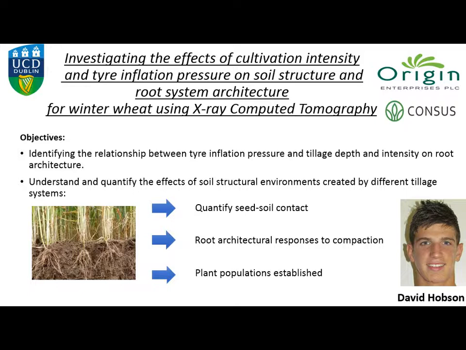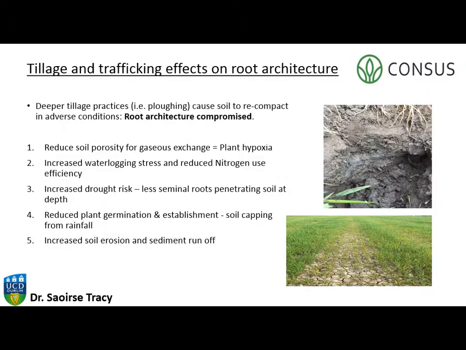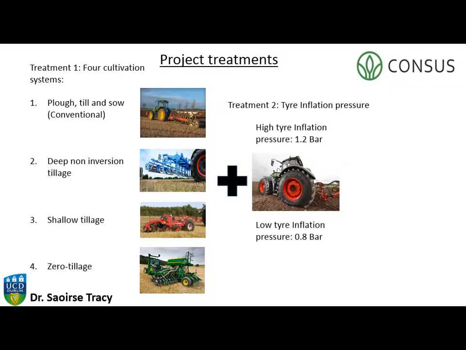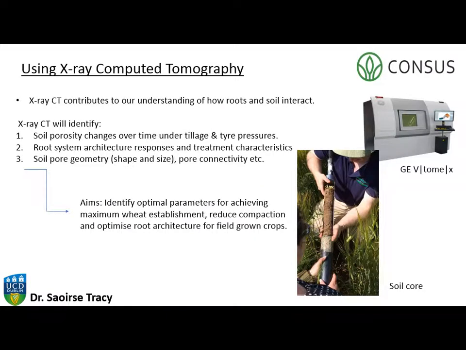The main thing he's looking at is establishment and potentially why in some years we get poor establishment, or maybe at certain times of the year. These are just some of the reasons why we're looking at this. We know that tillage practices can cause compaction at deeper depths and then some of the impacts this has on plant growth. So again, he's got several cultivation treatments in combination with the inflation pressure as well.